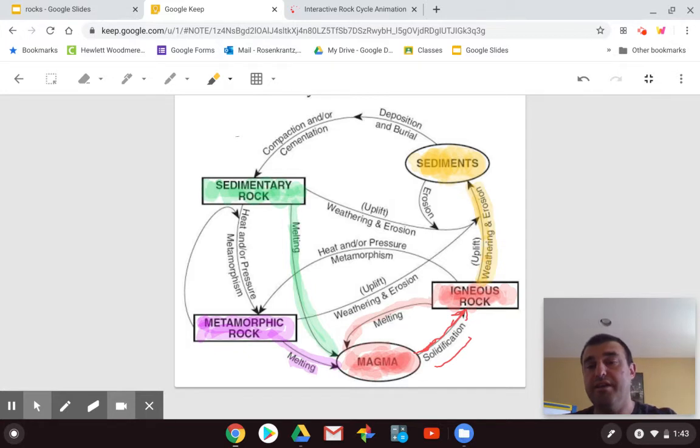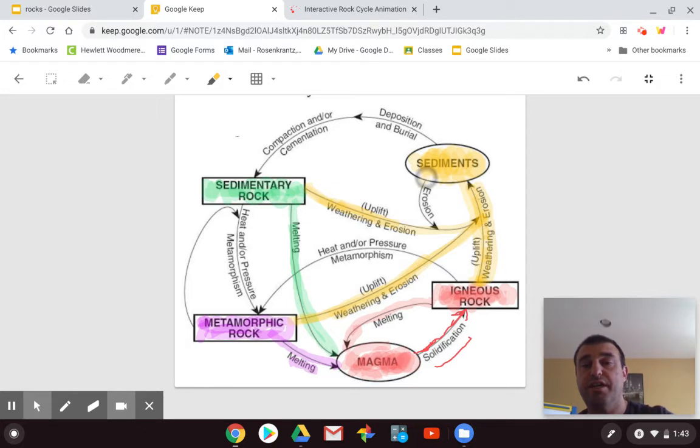So an igneous rock, we look at this arrow, can get weathered and eroded into sediment. A metamorphic rock doesn't have to melt. It can also get weathered and eroded into sediment. And even a sedimentary rock can get weathered and eroded back into sediment.